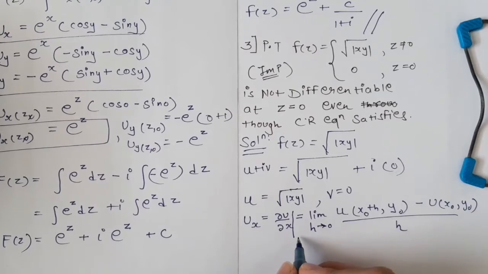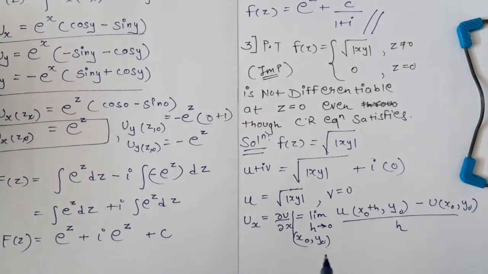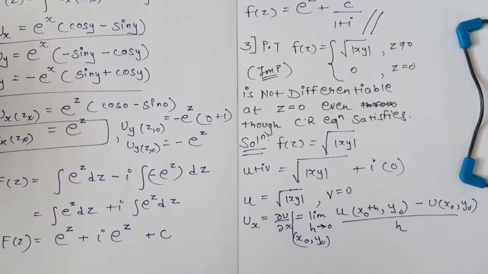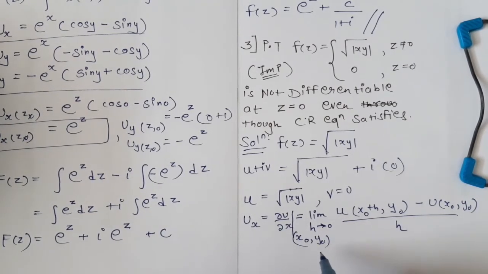This is true when we have to differentiate it at the point x0, y0. Okay. So this formula is important for this sum. So observe this formula perfectly, that is u_x can be written as del u by del x, and it is differentiated at x0, y0.